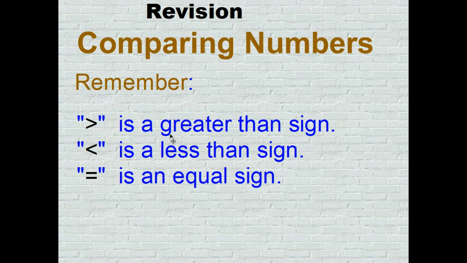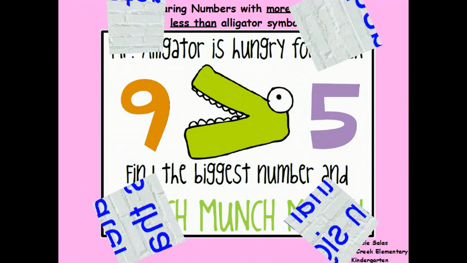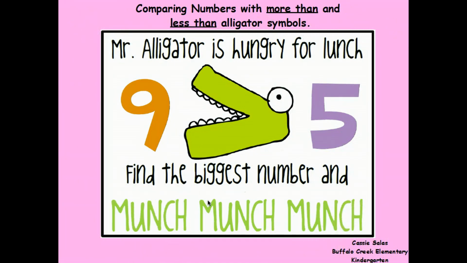The first one is greater than, bigger than, or more than. The second, you can say less than. And the third one is equal sign. By using these 3 comparing signs, we compare different amounts.